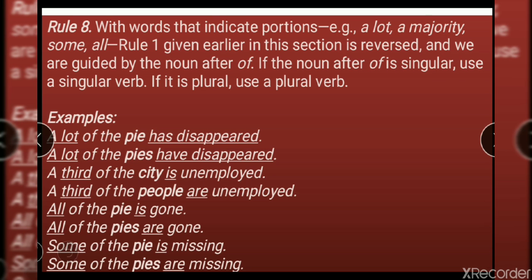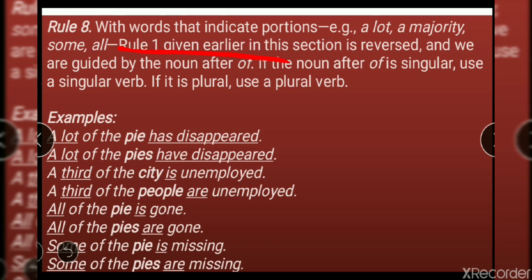Next, rule number 8. This rule is just the contrary or the opposite of rule number 1. Here the subject will come followed by of, and in rule number 1 we have seen that the subject will come prior to of.